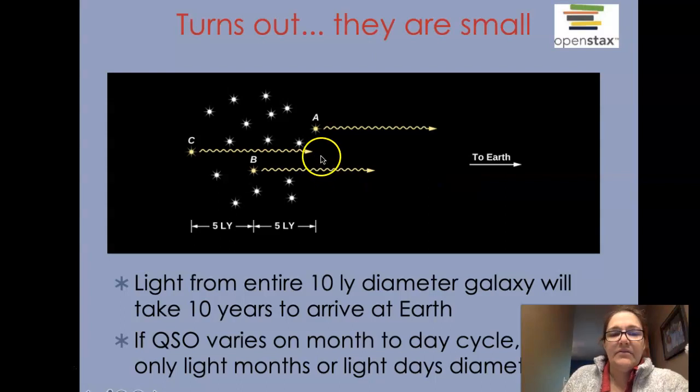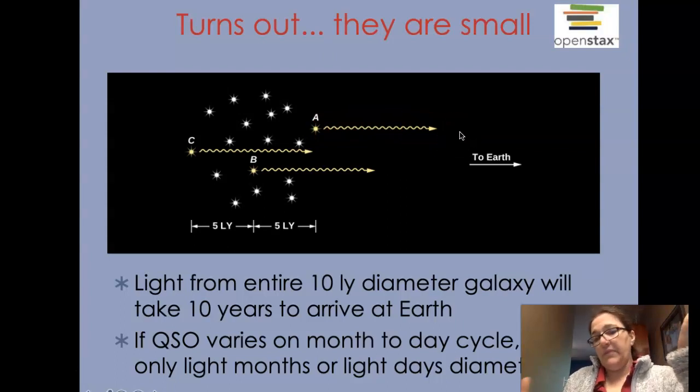So we have a galaxy, and if this galaxy suddenly turned on today, and star A is a distance from the Earth, 100 light years.